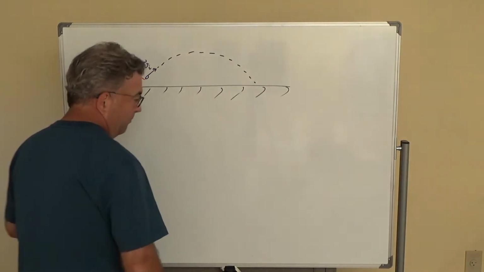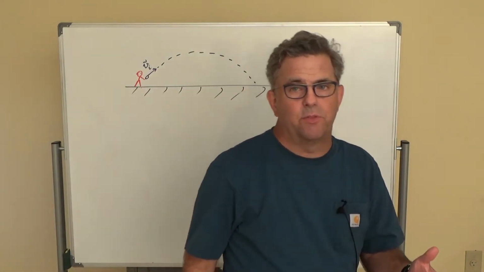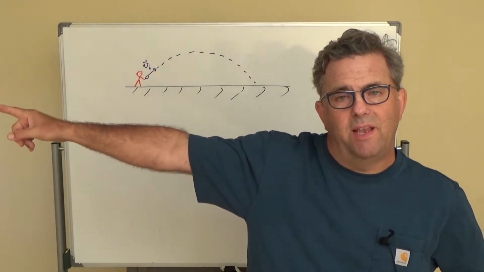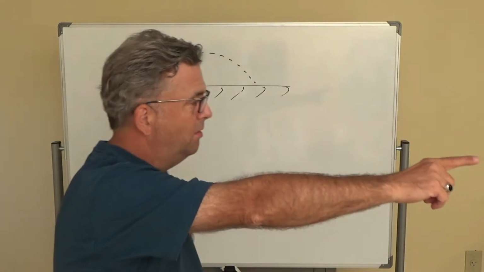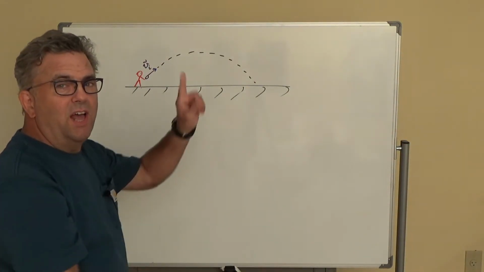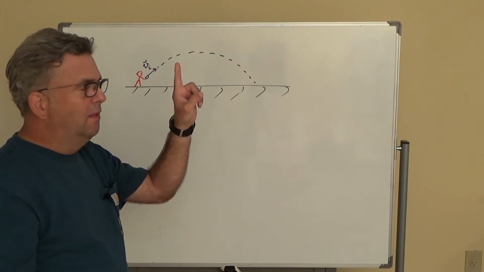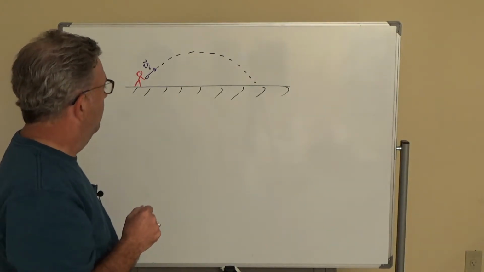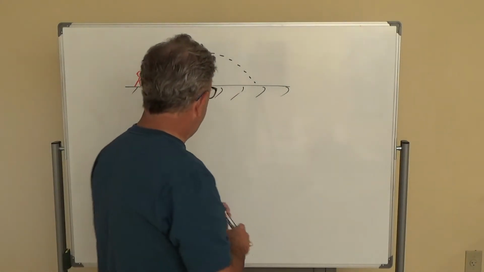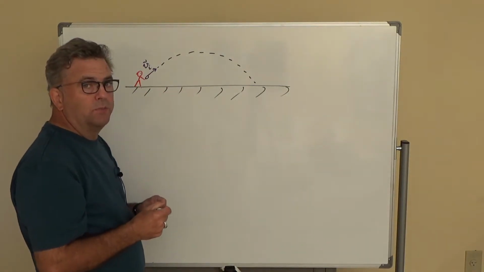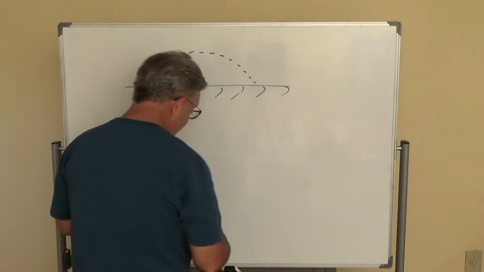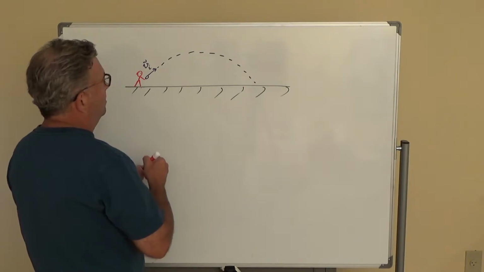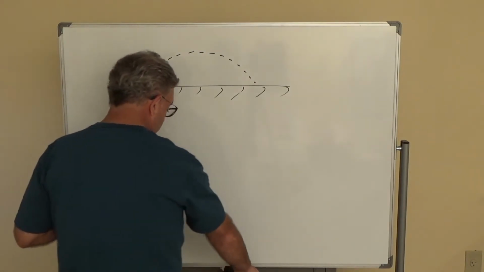So I claim, since space is divided into three independent dimensions, that whatever happens in the x direction does not affect the y direction, and whatever's going on in y does not affect x. Once this object becomes a projectile, meaning it leaves my hand, let me draw an exploded view here.